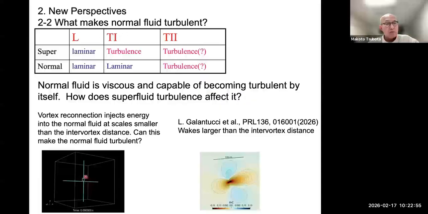Can this make the normal fluid turbulent? Or, a recent nice paper by Luca Galantucci's group found wakes appearing at scales larger than the intervortex distance. So my question is whether such structures are enough to make the normal fluid turbulent or not.